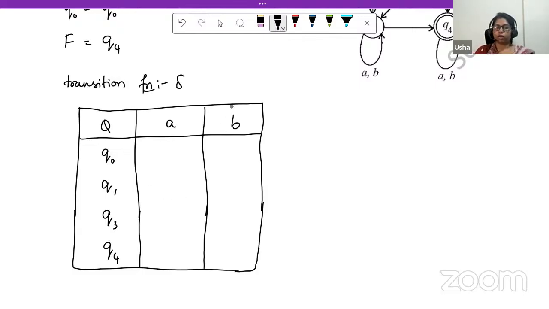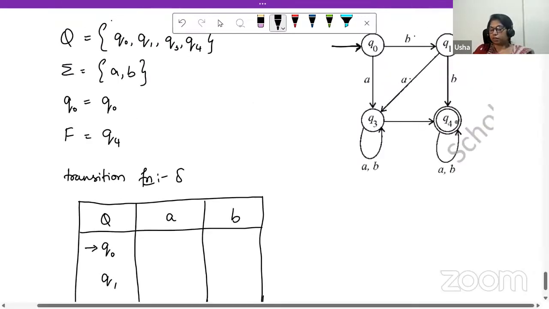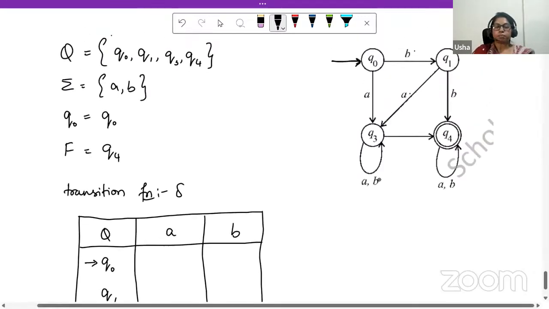And from Q0, if input is B, to which state it will go. Just write that and make sure you mark the initial state with an arrow and the final state with a double circle. So wherever you write Q4, make sure you mark it with a double circle because that is the final state, as it is there in the diagram like that.